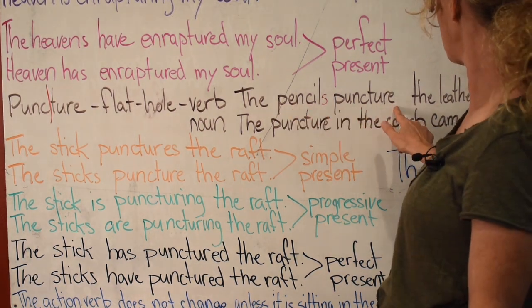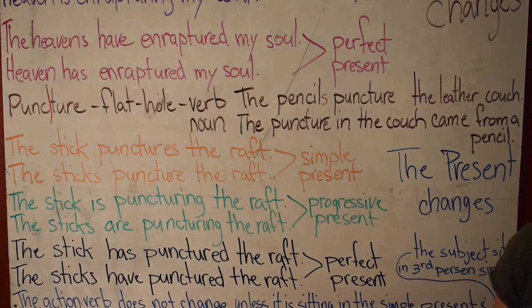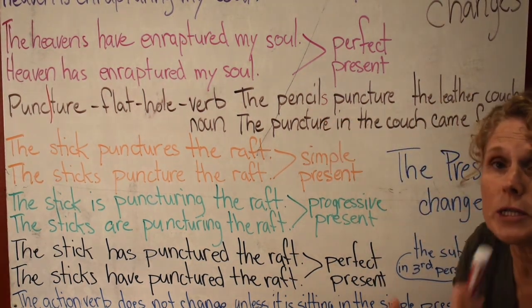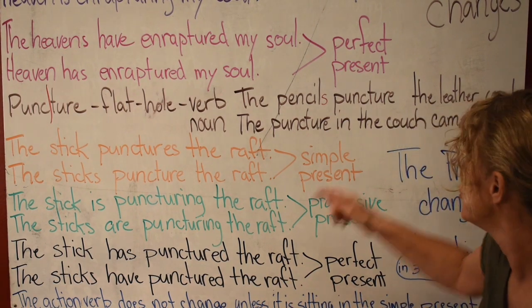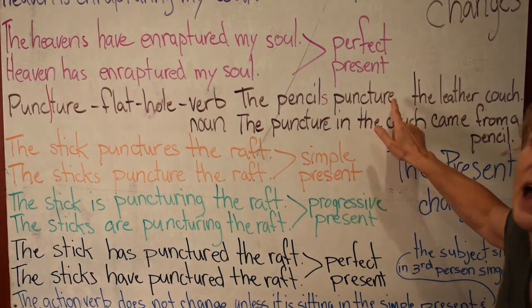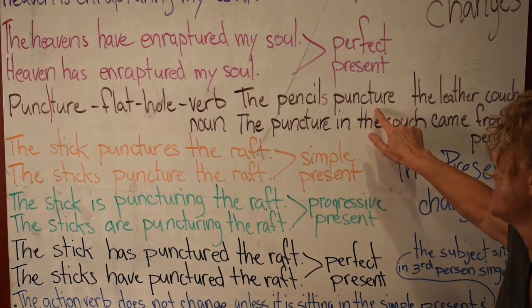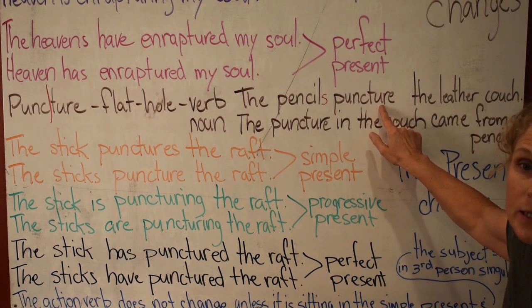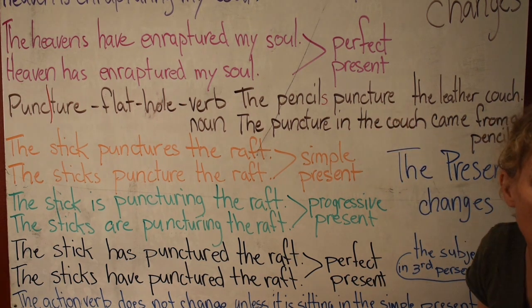The pencils puncture the leather couch. It totally makes sense. If you put a plural S on your noun and you want it to be in the simple tense, this now without the S here has now become plural. Even though it doesn't look like it, this is now plural. Does that make sense, boys? Yes.